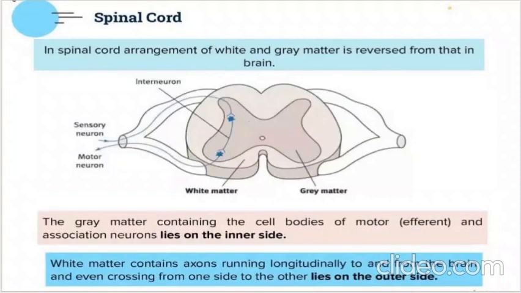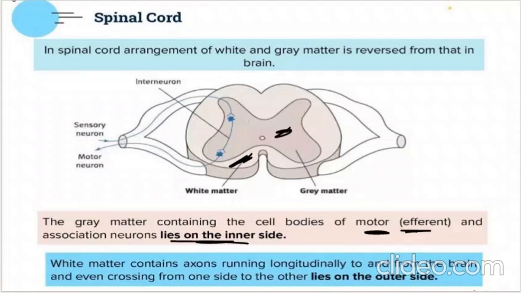Now, in the spinal cord the arrangement of white and gray matter is reversed from that in the brain. White matter is outside, gray matter is inside; it is opposite. The gray matter, containing the cell bodies of motor, that is efferent, and association neurons, lies on the inner side.